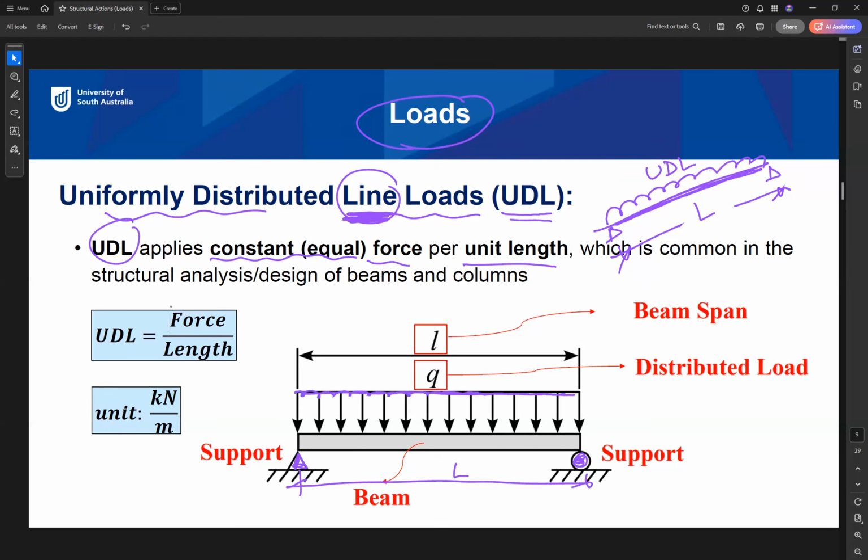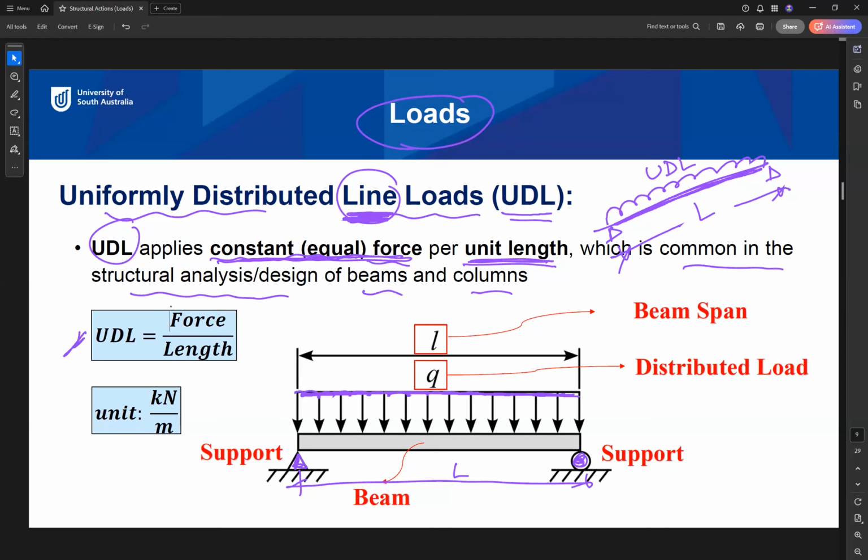That's why it's called uniformly distributed. So we have a constant force applied per unit length of the beam. This is common in our structure analysis and design of beams and columns.